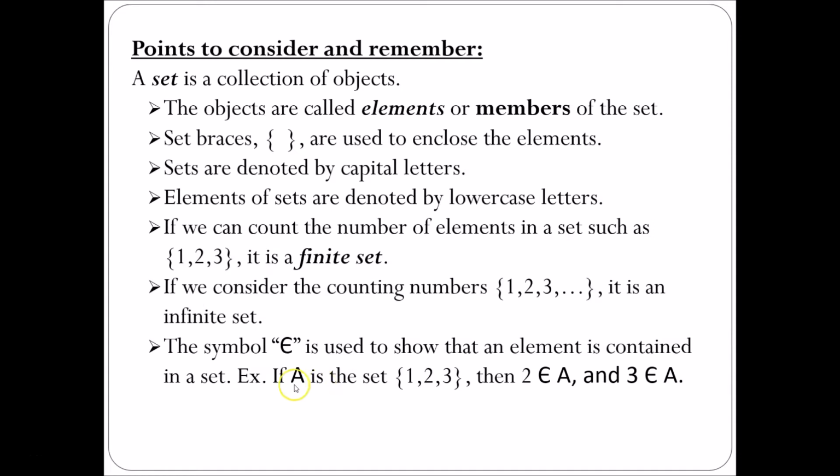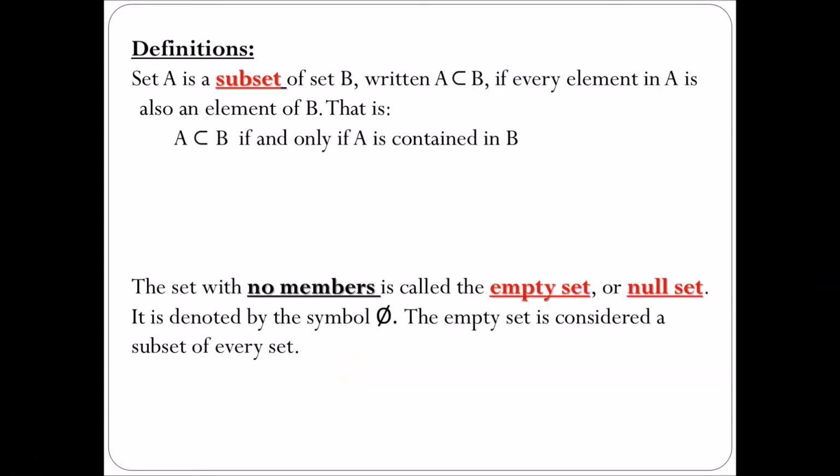For example, if A is the set of elements 1, 2, and 3, then we can say 2 is an element of A and 3 is an element of A. Set A is a subset of set B, written A subset of B, if every element in A is also an element of B. For example, let's say set B contains mammals and A contains elephants.